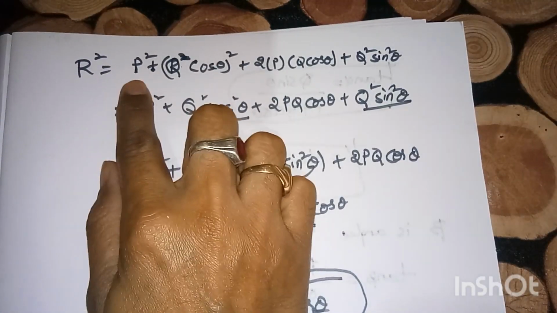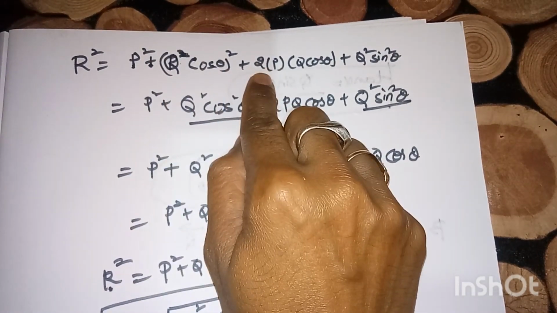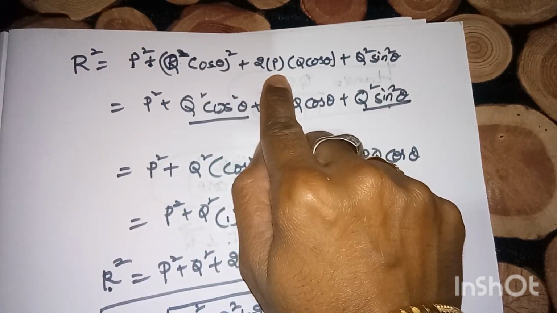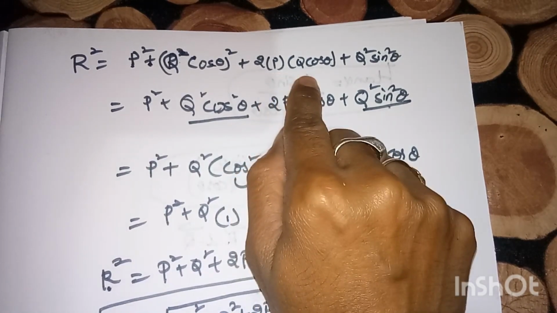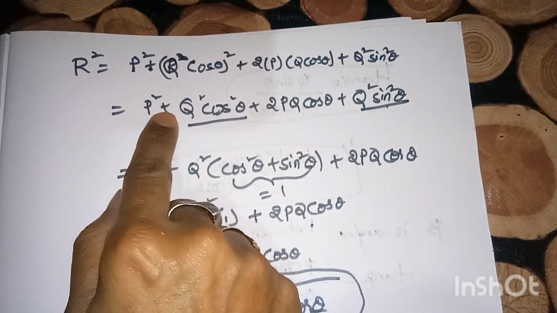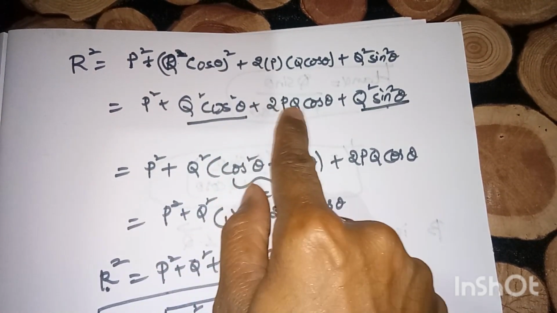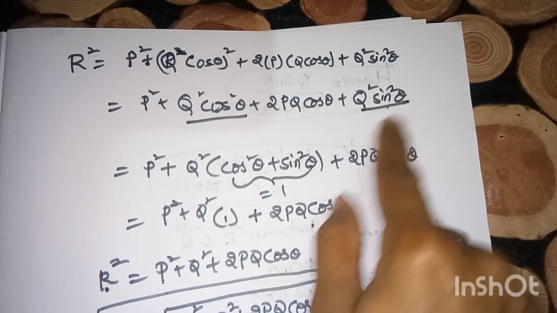So R square is equal to P square plus Q cos theta whole square plus 2 into P into Q cos theta plus Q square sin square theta. This can be written as P square plus Q square cos square theta plus 2PQ cos theta plus Q square sin square theta.